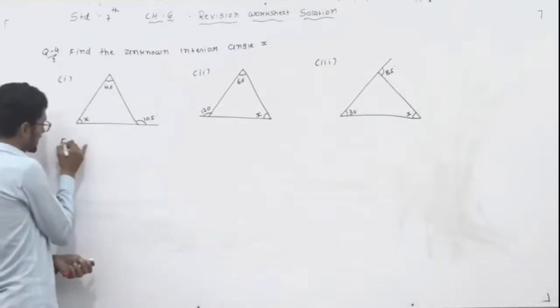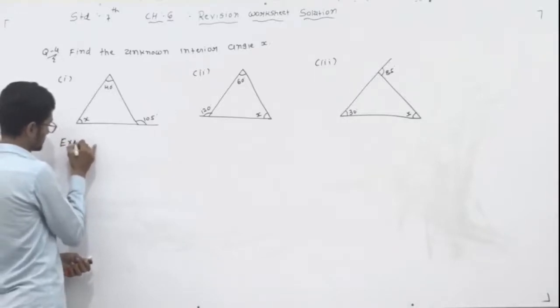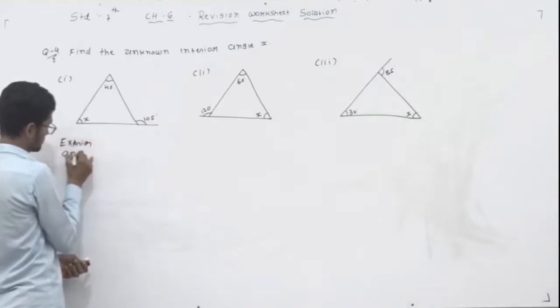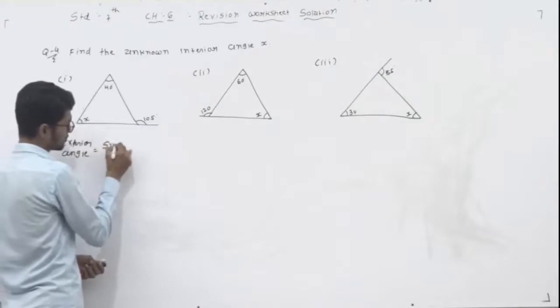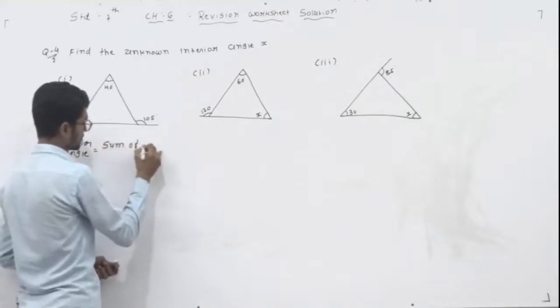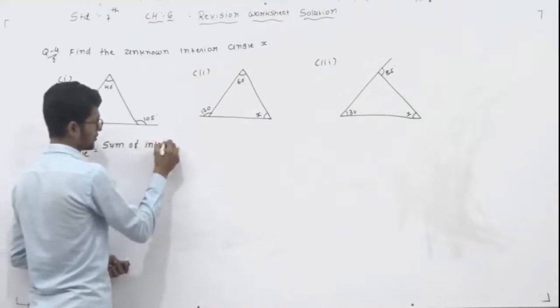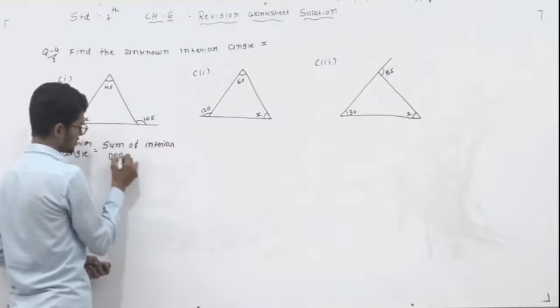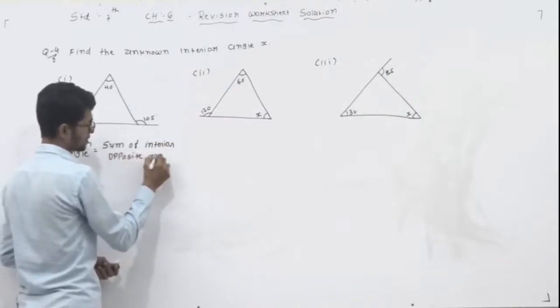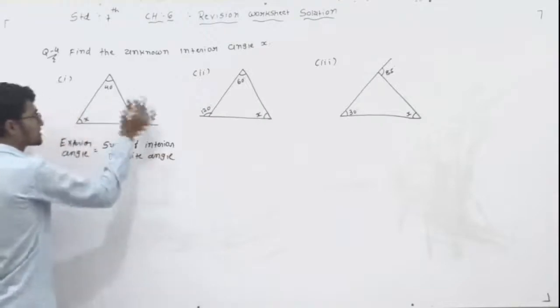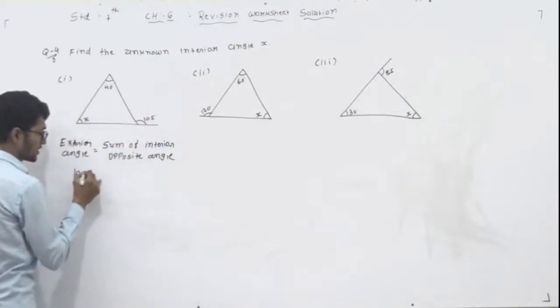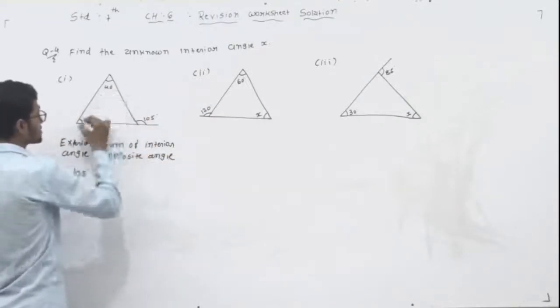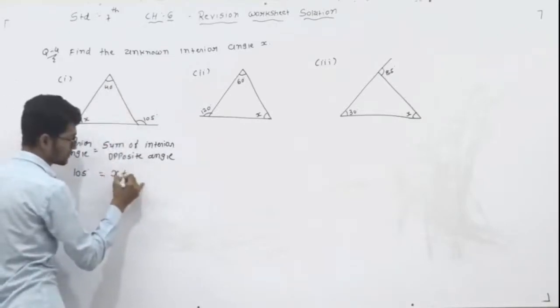The formula is exterior angle is equal to the sum of interior opposite angles. Now in this question, exterior angle is equal to 105. Sum of interior angles, here two interior angles are given, so x plus 40.